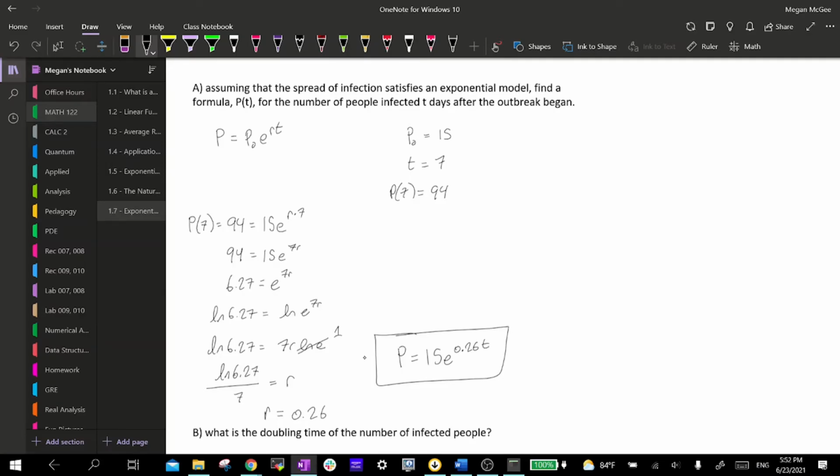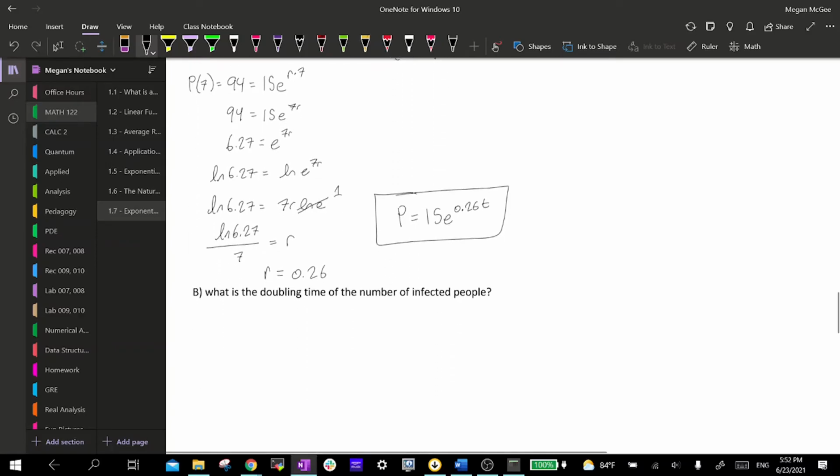All right, part B asks, what is the doubling time of the number of people infected? So the doubling time, if we remember our definition, is just how long, in this case how many days, it is going to take until the population of infected people has doubled.